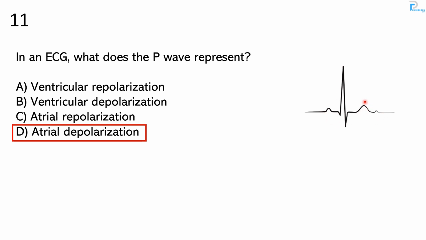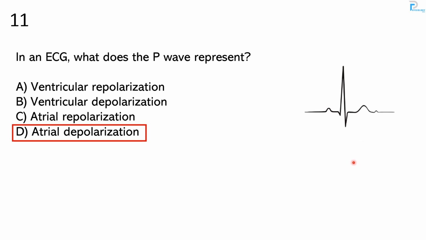P wave refers to atrial depolarization. QRS complex, ventricular depolarization. T wave, ventricular repolarization. Remember, when we talk about ECG, we don't say atrial systole, ventricular systole.